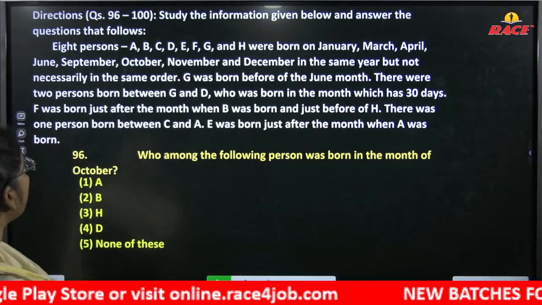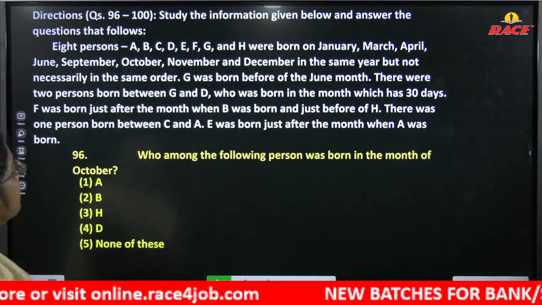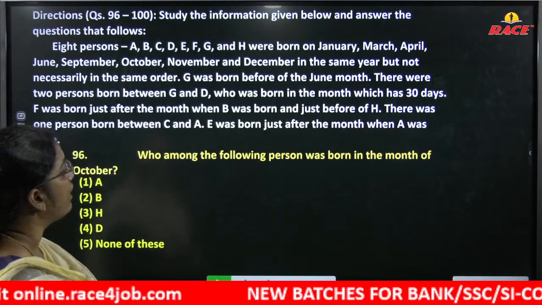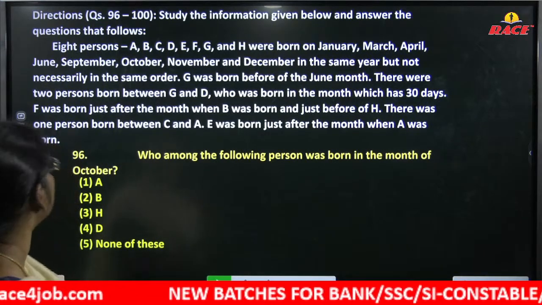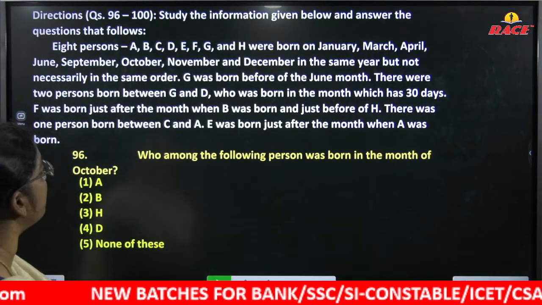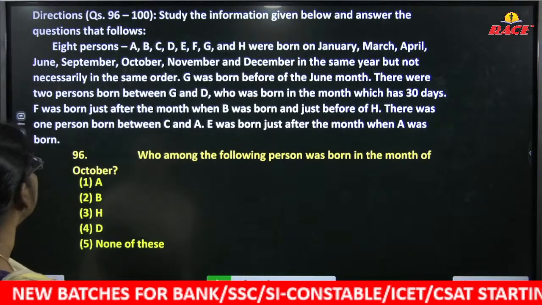Here eight persons are there, and all of them were born in January, March, April, June, September, October, November, and December of the same year, but not necessarily in the same order.